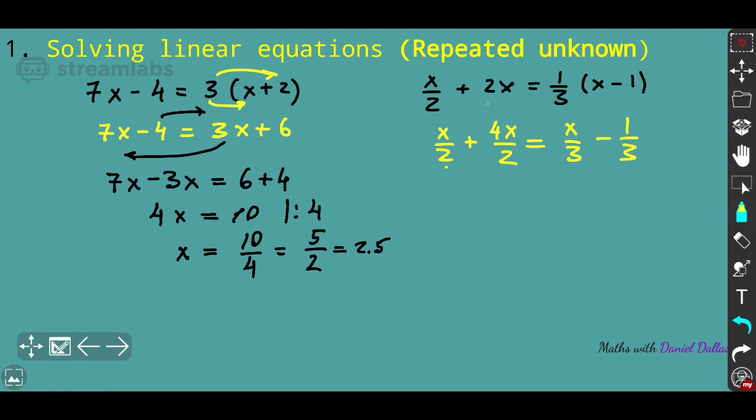So you add on the left side, which gives you 5x over 2, and you cannot do anything else, so you can also transfer x over 3 to the left side, because your goal is to collect variables on one side. So that's why you'll have this, and on the right side you will have negative 1 over 3.